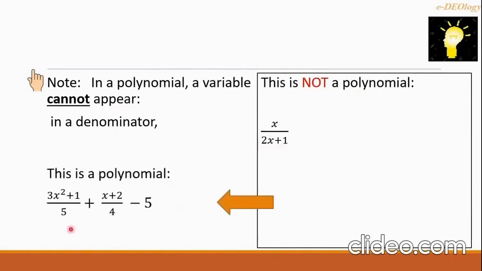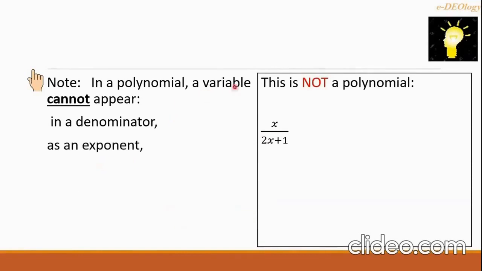So this example here, the fraction 3x squared plus 1 over 5, plus the fraction x plus 2 over 4, minus the constant 5, is a polynomial. It is true that there is a fraction, but in the denominator there is no variable. So this is a polynomial.